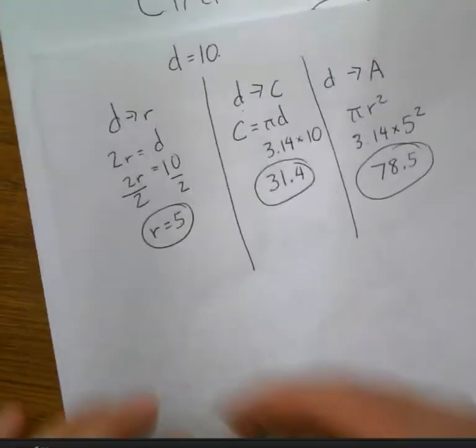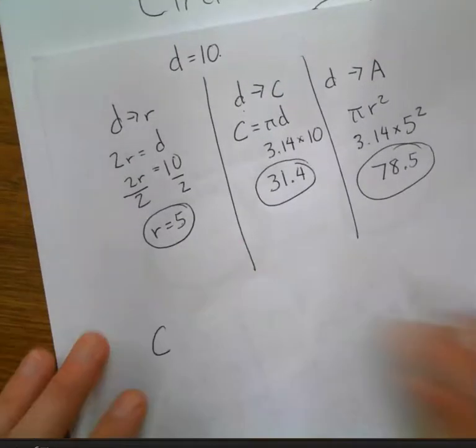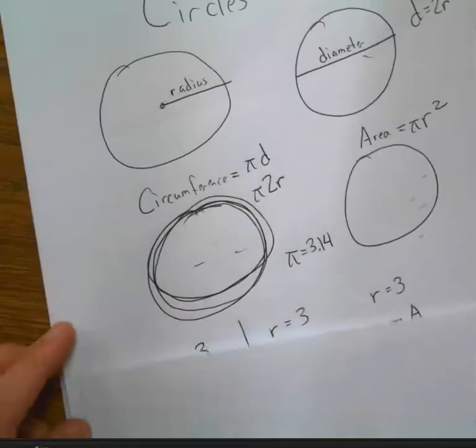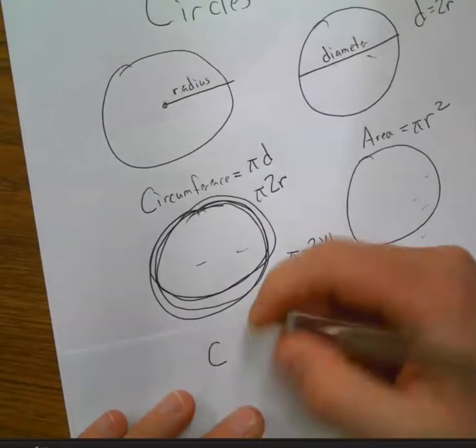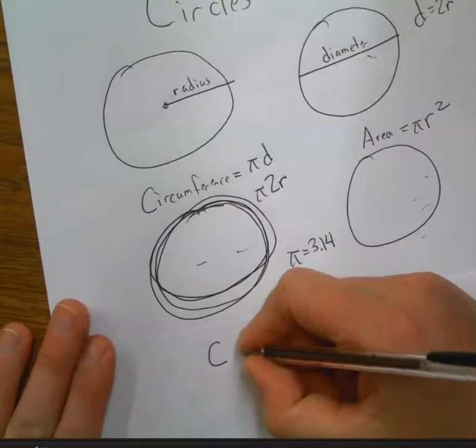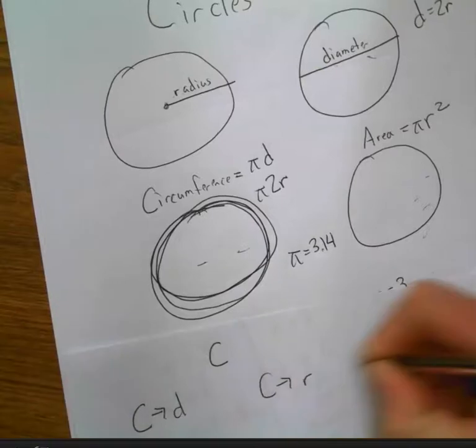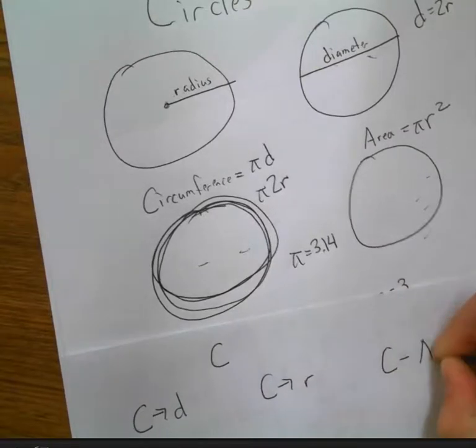Finally, if they give me a circumference, I need to know how to get from circumference to diameter, circumference to radius, and circumference to area.